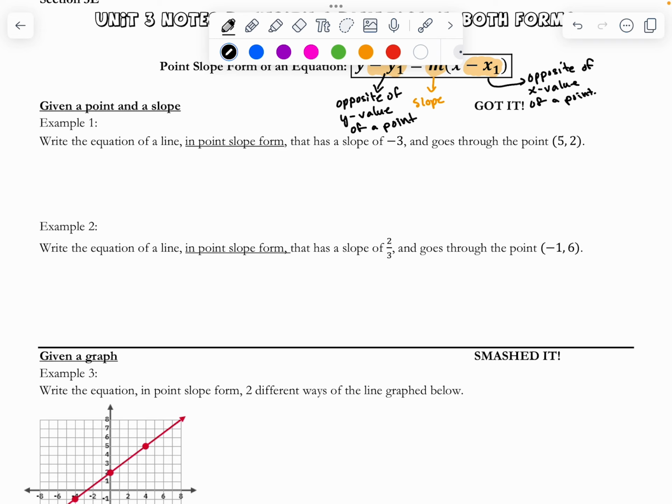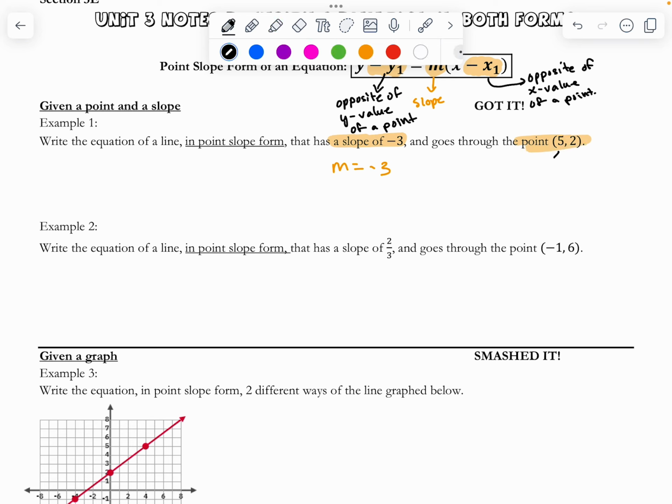Let's go ahead and just label these. I have a slope of -3, so if you guys remember, that means that m, which is slope, is -3. And we have a point of 5, comma 2.